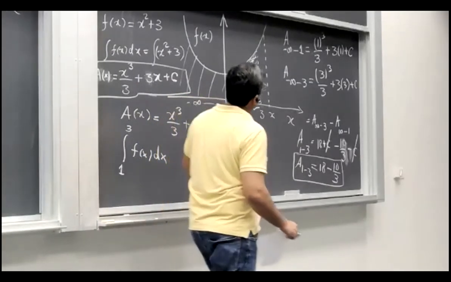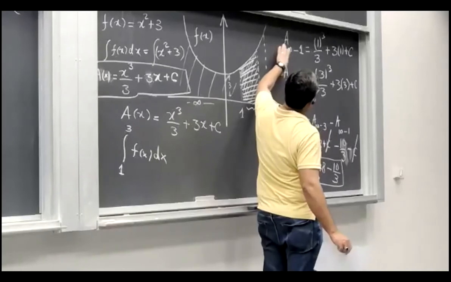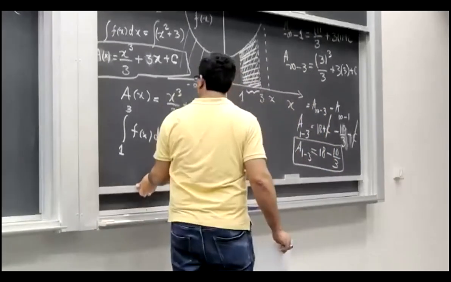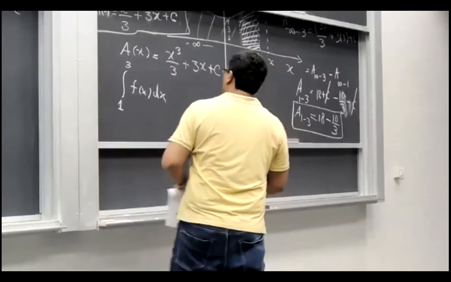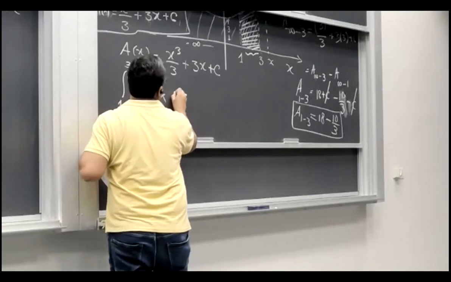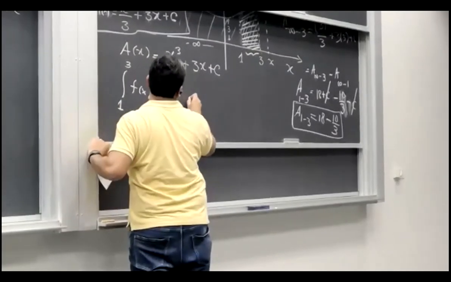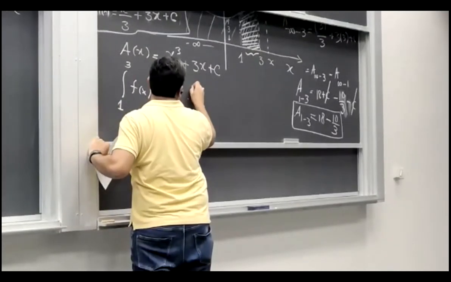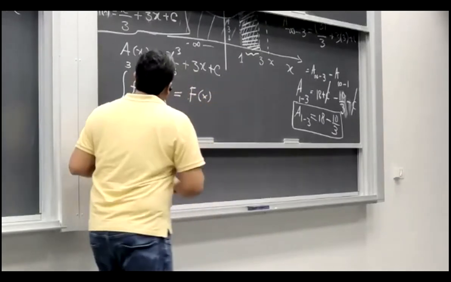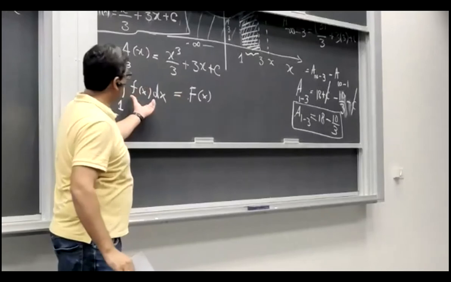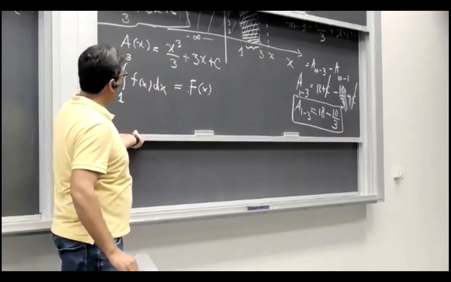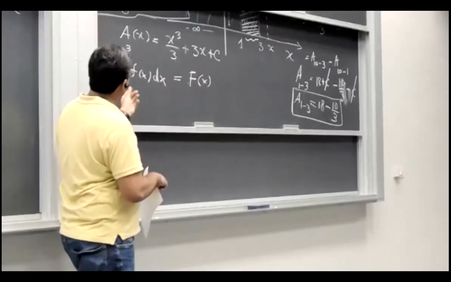Okay, and one more thing, the way we have calculated these two expressions, let me generalize it. If I write the integral of f of x as capital F of x, so capital F of x is the integral of the small f of x. And how do you impose the limits?